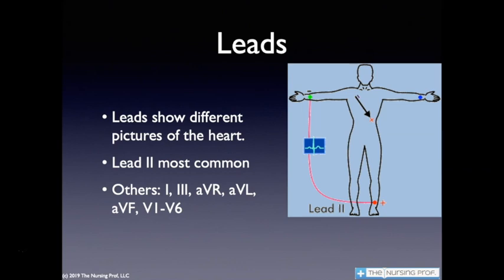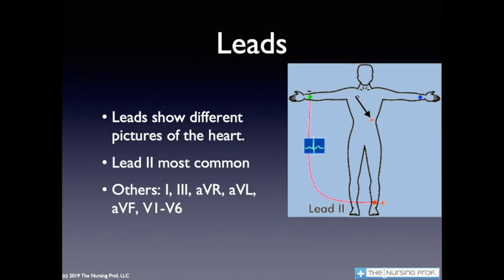So in other words, we can move those things around. Typically, we use some kind of adhesive that's got a little gel on the other side of it, and we stick it to the patient, and then we connect a wire to it, which is connected to our EKG monitor. The EKG monitor is detecting electrical activity that it puts into a waveform.